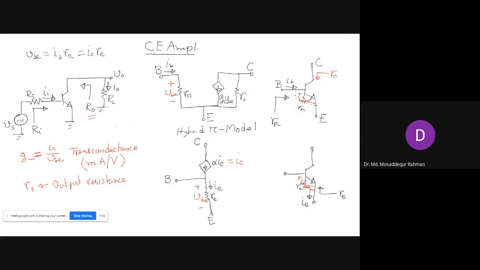So it is IE RE from the T model and IB R pi from the pi model. Now we know what we can write for IE. IE and IB, what is the relation? The relation is beta plus 1 times IB, right?